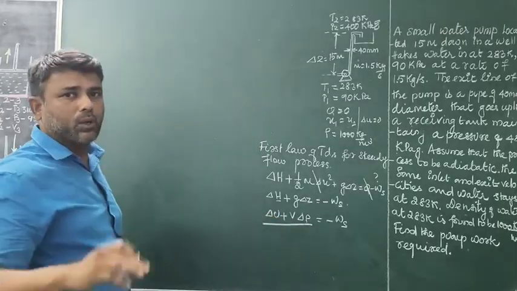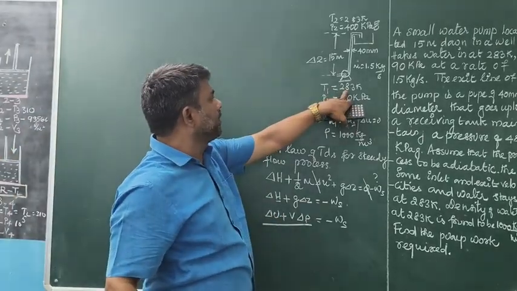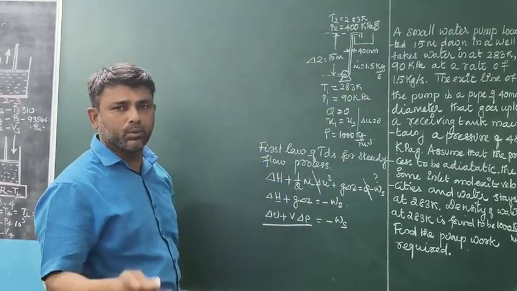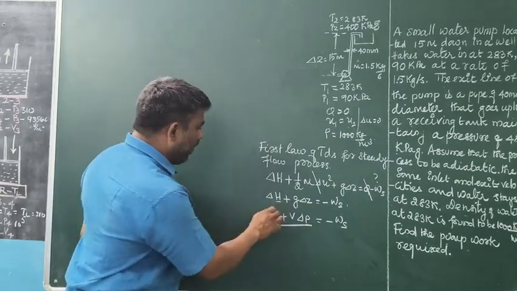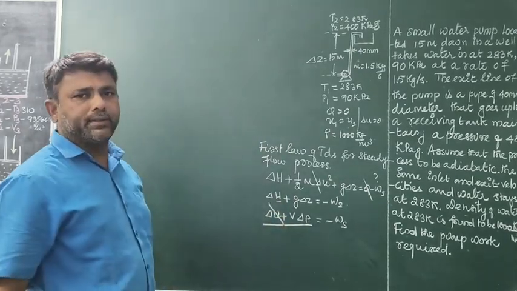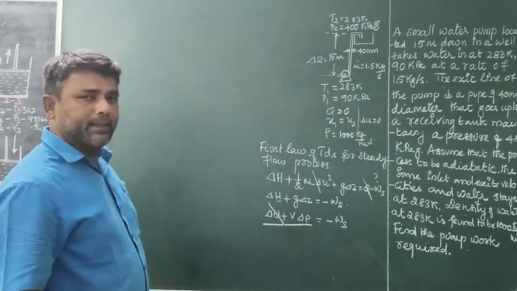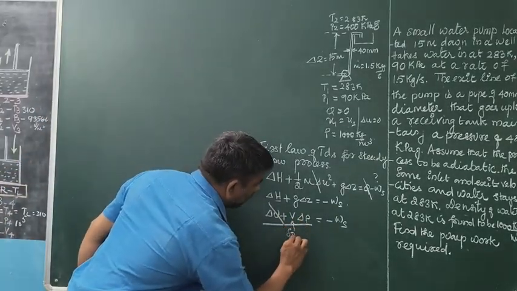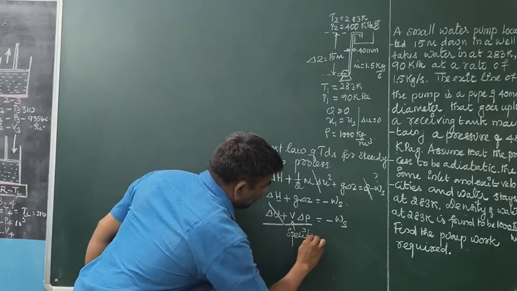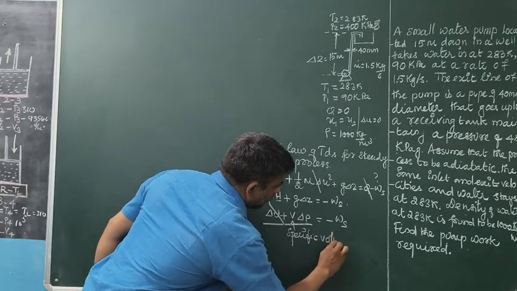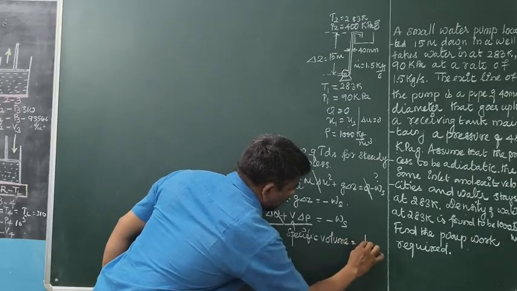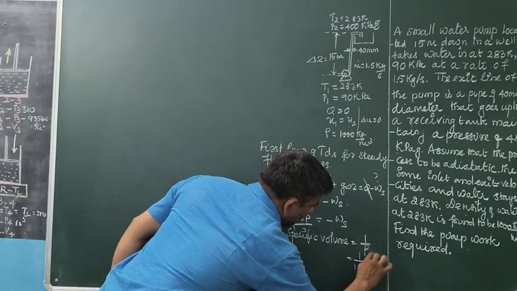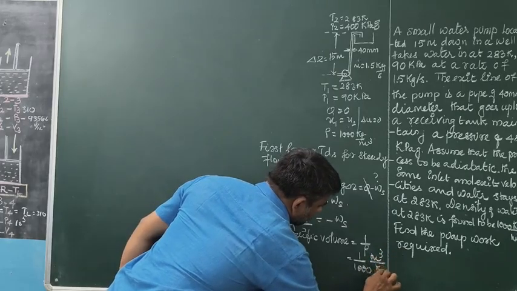Okay. Temperature is constant, T1 is 283 and T2 is also 283 Kelvin. There is no change in temperature, hence this term gets eliminated. V is the specific volume, that means the inverse of density, 1 by rho, that means 1 divided by 1000 meter cube per kg.